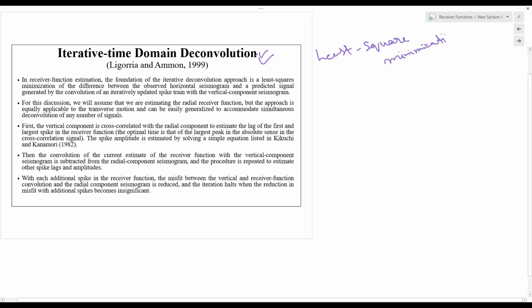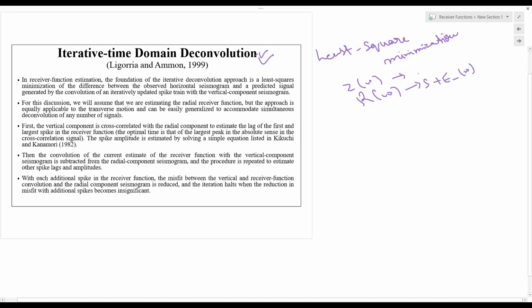As I told you, the basic assumption was that the vertical component contains the information about the source, but the radial component contains the information about the source and also the Earth impulse response.